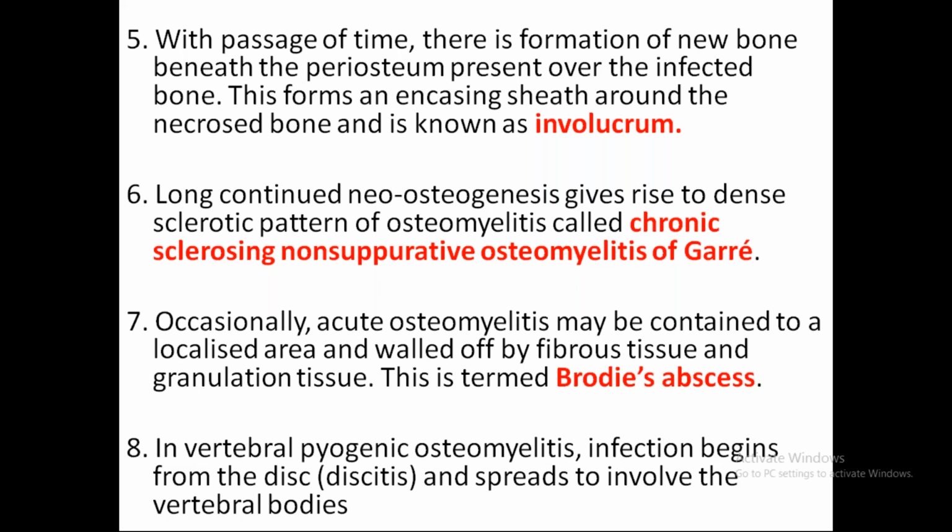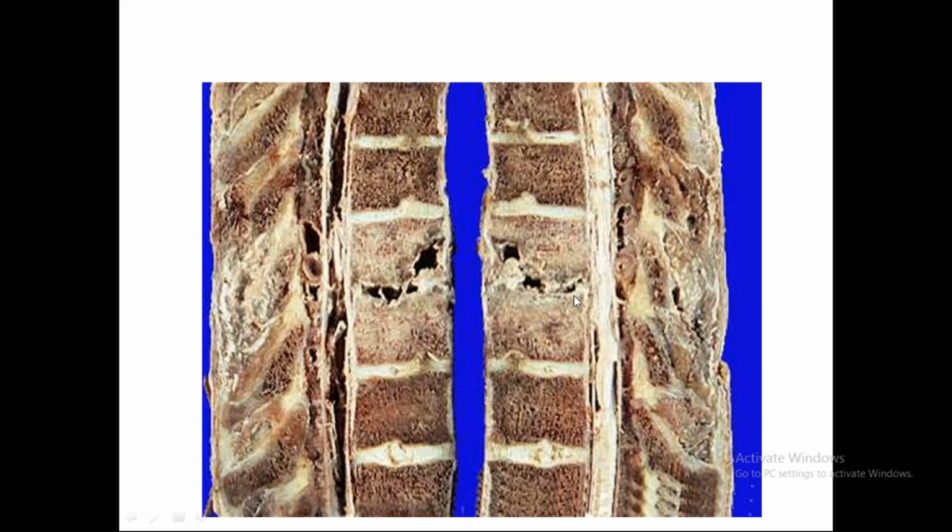In vertebral pyogenic osteomyelitis, infection begins from the disc, which is called discitis, and spreads to involve the vertebral bodies. You can see here nicely the area of infection where the bone is being eroded. Okay, clear?